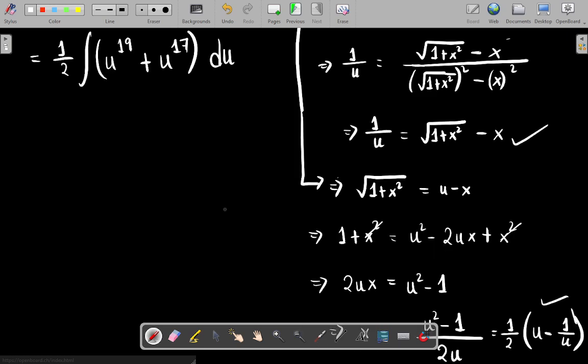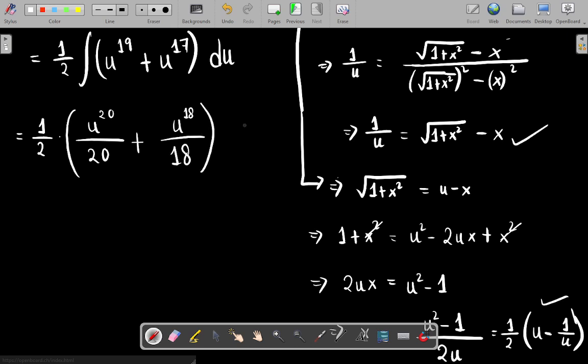Okay, so this on integration will give us u to the power 19 plus 1, which is 20, by 20, and this will become u to the power 18 by 18. Okay, I will write the plus c later on, in the last step.